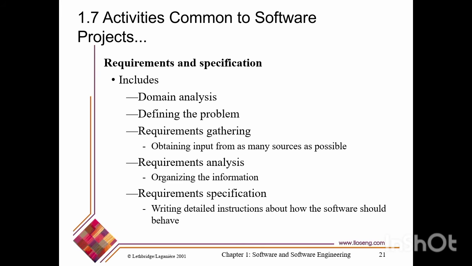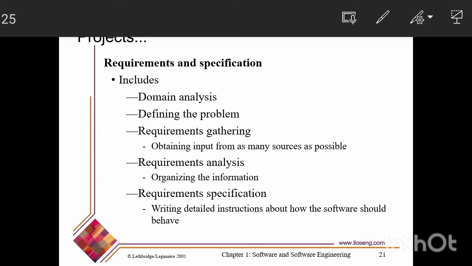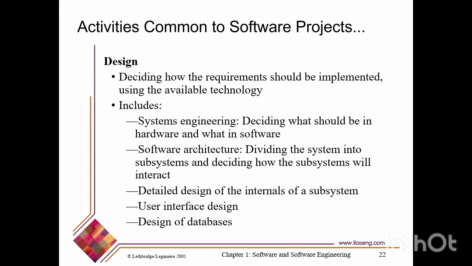And requirements analysis, organizing the information. Requirement specification, writing detailed instructions about how the software should behave. The requirement specification is slightly nearer to the technical and written side. Then design: deciding how the requirements should be implemented using the available technology.